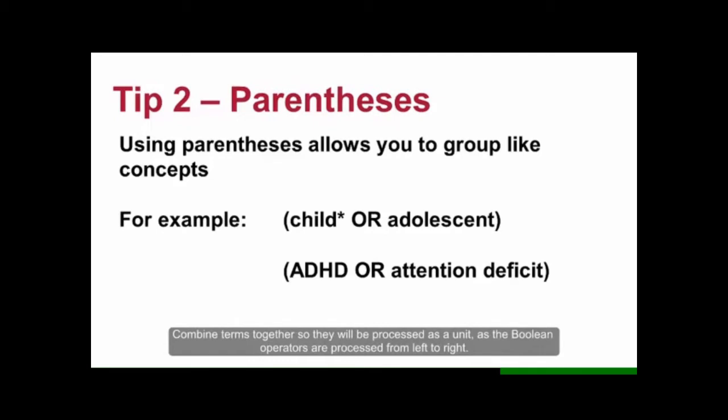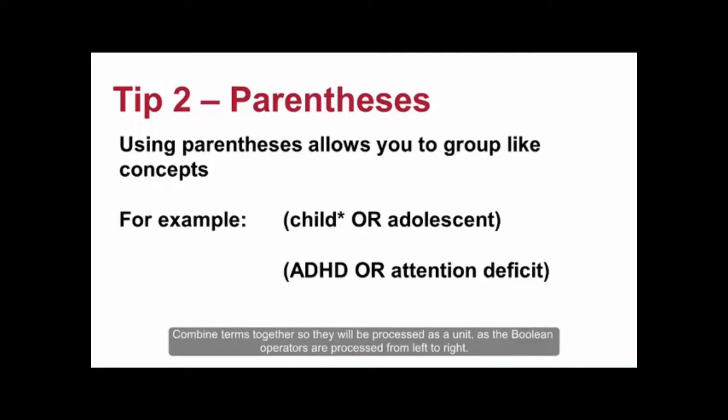At this point, we are using two characters. One is the asterisk, and the other is the parenthesis. The asterisk will give you words that have a similar meaning to the keyword, while the parenthesis will connect all the concepts together under one search keyword.